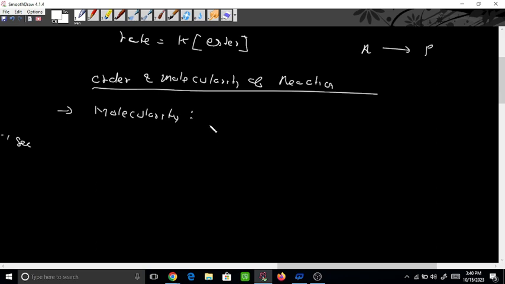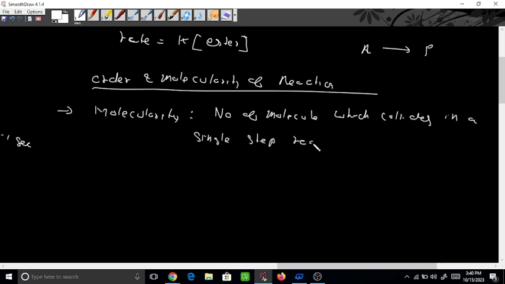Okay, so the number of reactant molecules which collide in a single step reaction, not multi-step, is called molecularity.